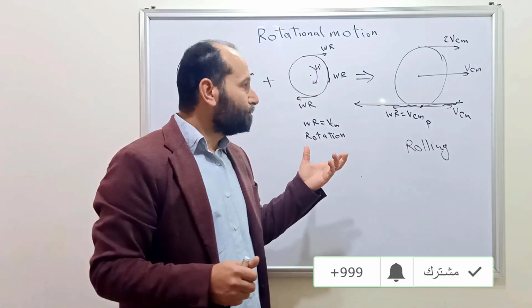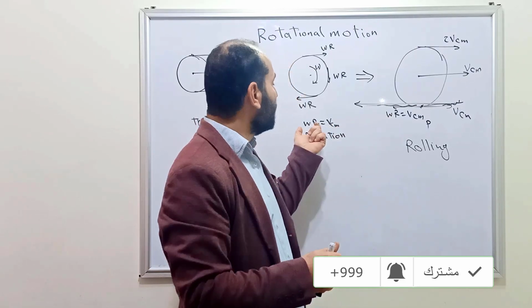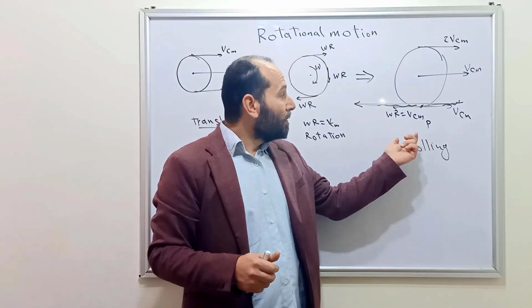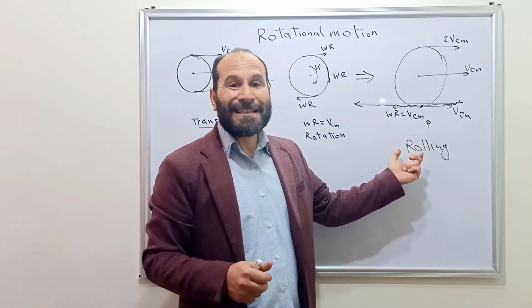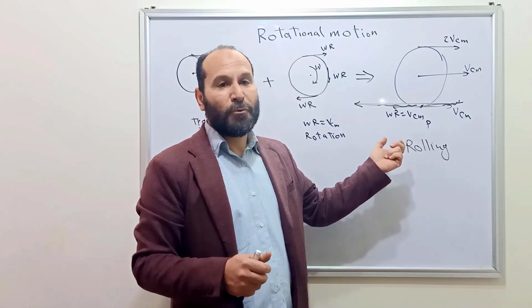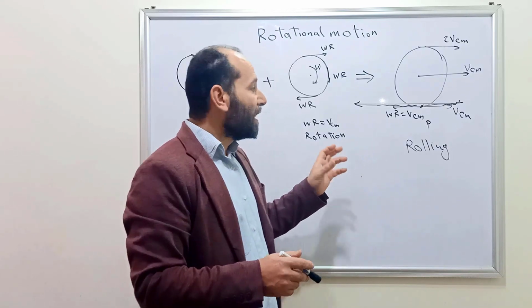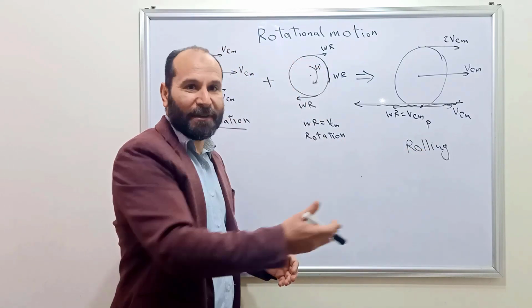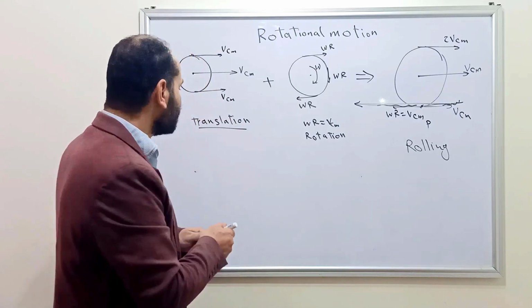In this case of equality of omega r and VCM, we call the rolling pure. This is pure rolling. If the rolling is not pure, it may be rolling with slipping, for example.